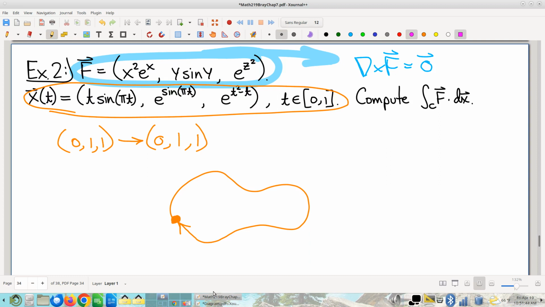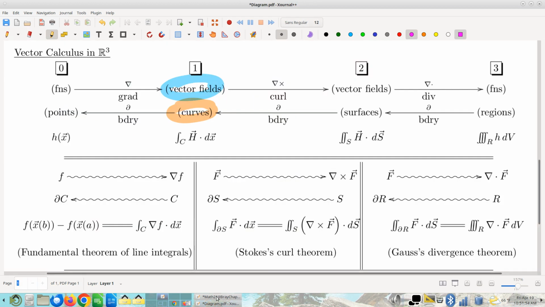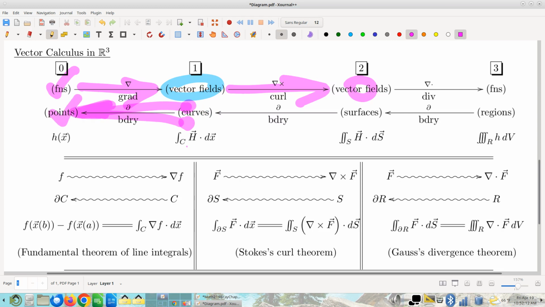Oh, but just for the record, not that we're short of methods to apply here. We don't really need to make this observation, but just because we can, I did compute the curl was 0. Knowing that the curl is 0, yes, that tells me there's an antigradient. It also tells me path independence. So I know that the curve that I was given, well, I can find any other curve that has the same boundary points and compute the line integral over that other curve.